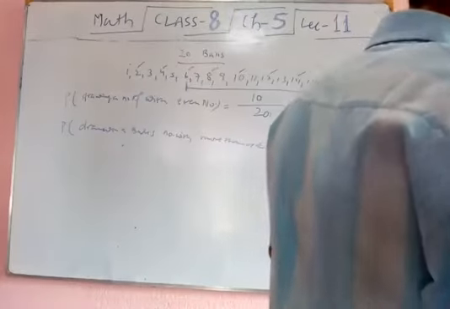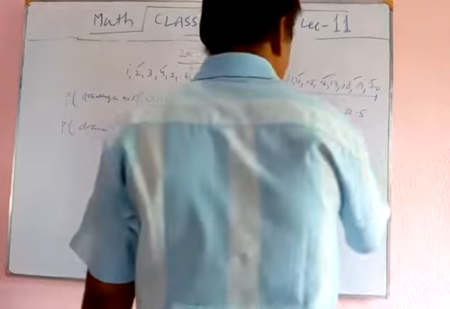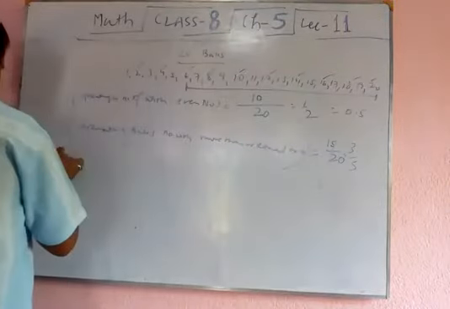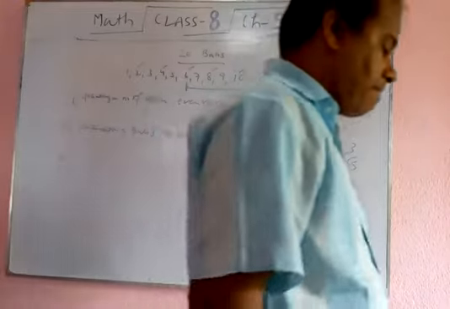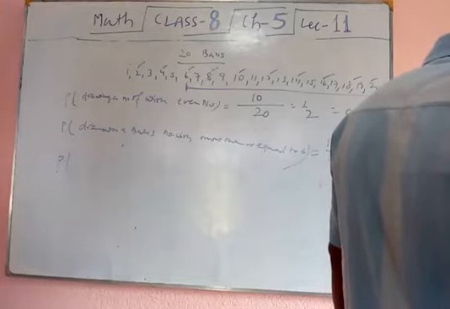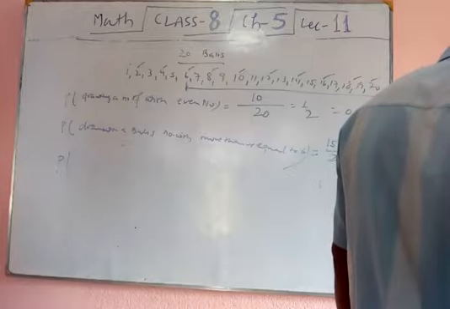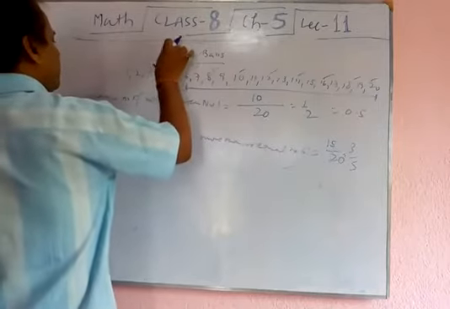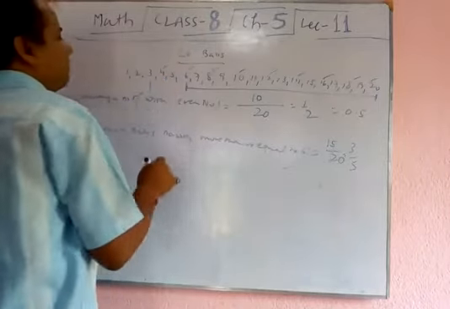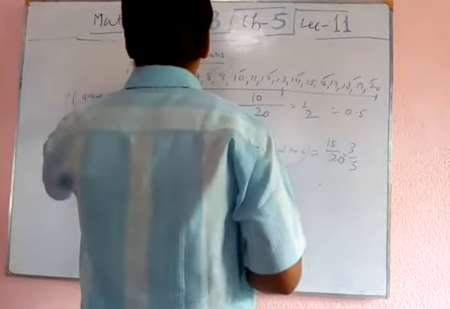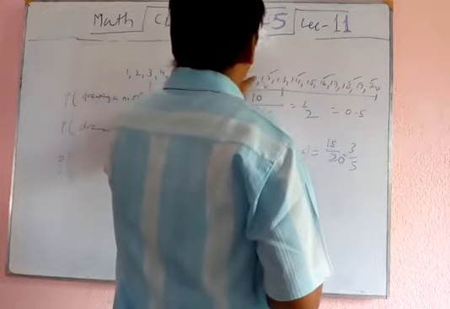Next question. Numbers between 1 and 30. So drawing a ball with a number between 3 and 30, that is 3 to 30. So how many numbers are in between 3 and 30? 1, 2, 3, 4, 5, 6, 7, 8 and 9.